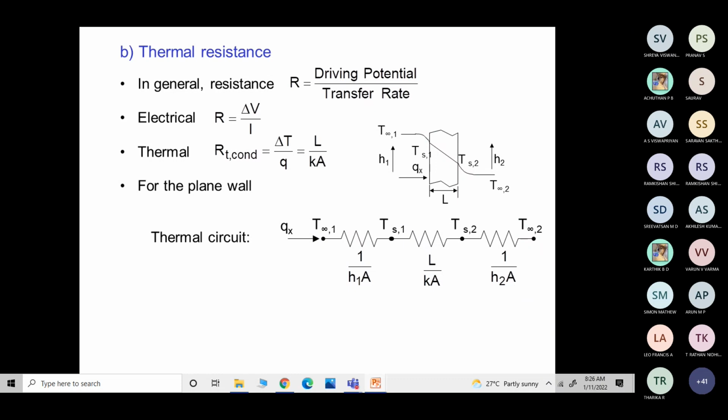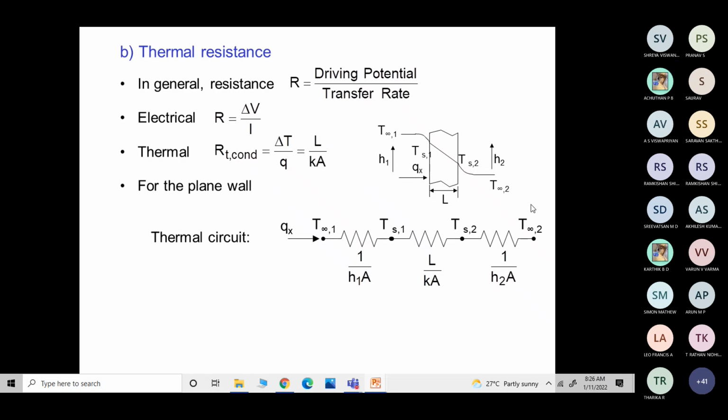So when you have two different fluids, one on the inner side and the other on the outer side, then the heat is conducted through the solid from one side to the other side like this. Are all of you able to understand, students?